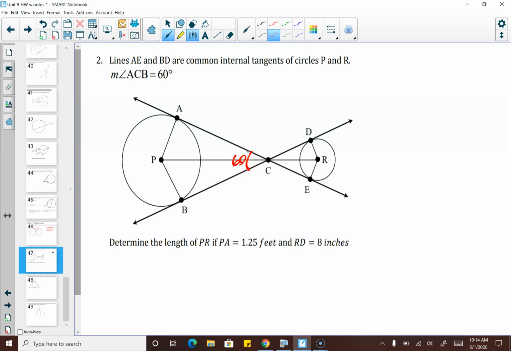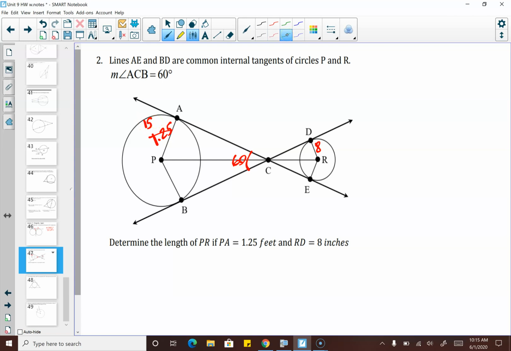Determine the length of PR, if PA is 1.25 and RD is 8. So the first issue I see with this problem is that the 8 is in inches and the 1.25 is in feet. So this is actually easier if I put it all into inches. So 1.25 feet is really 1 foot 3 inches, or in other words, 15 inches.